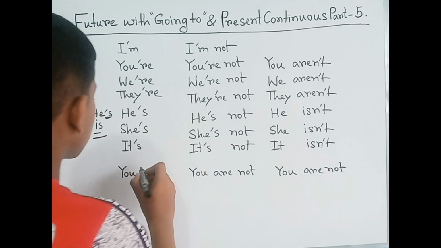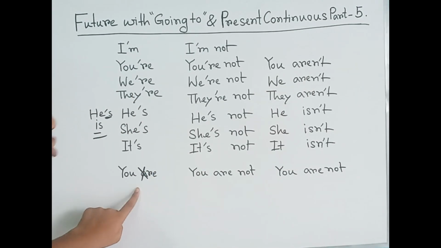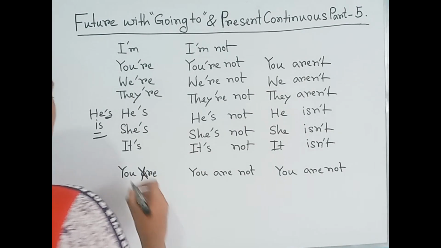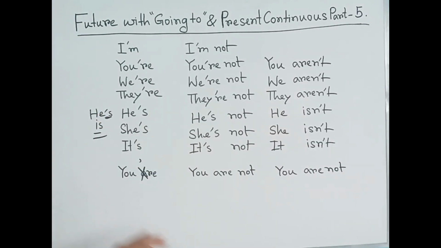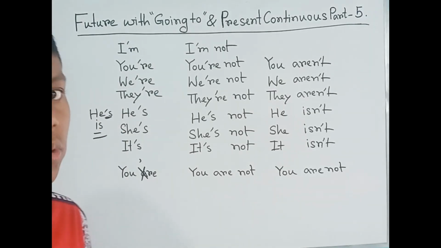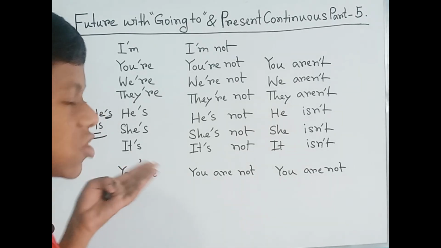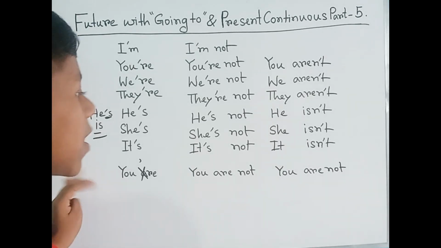We have to just drop the A, then we have to add the apostrophe. Then it will be you're. Same like this: we're, they're. It is like this. And then what about he's, she's, it's, etc.? We have already understood this part.